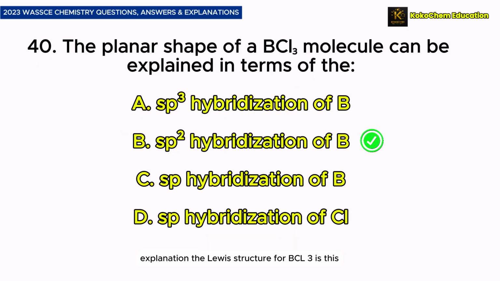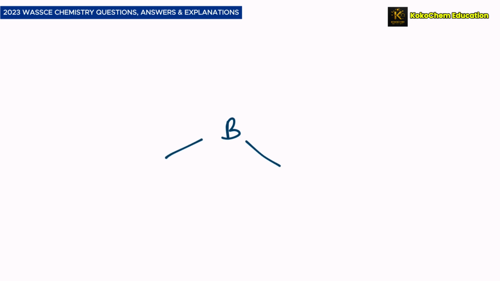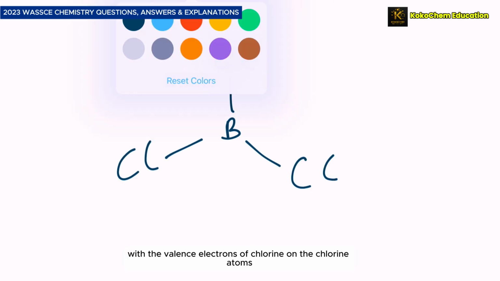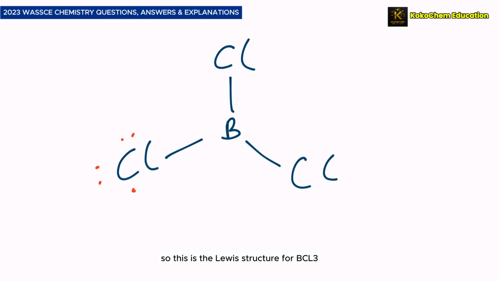Explanation. The Lewis structure for BCl3 is this. You have boron in the center bonded to 3 chlorine atoms with the valence electrons of chlorine on the chlorine atoms.